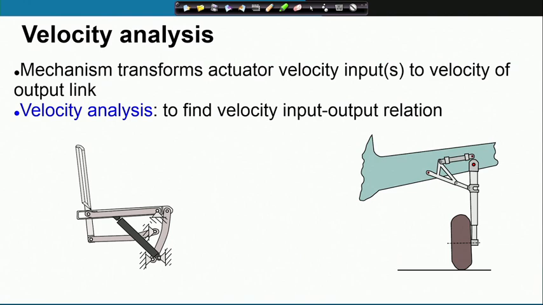This output link could have a translatory motion or a rotary motion, or motion in the plane or in space, and it may also have orientation. So, the problem of velocity analysis is to find the velocity input output relation. Input output means from the actuator to the output, and the reverse.